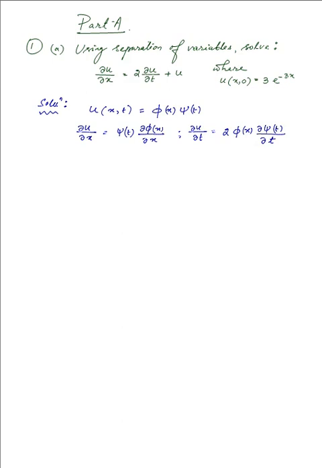So taking this equation into account, del u over del x giving me this value, we can take it in the left hand side of that equation. So for del u over del x, we have psi t del phi x over del x, and for the right hand side, del u over del t.